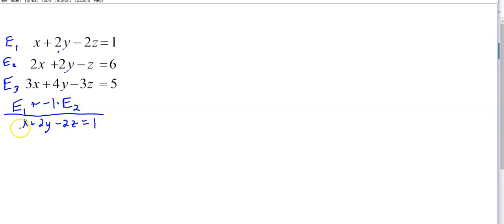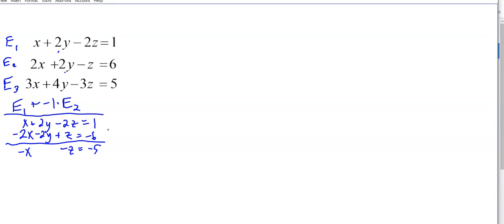Now multiplying the second equation by negative, so I get negative 2x minus 2y plus z equals negative 6. You notice I changed the sign of everything there. We're going to add those together now. Okay, so we get negative x, and then the y's go away, minus z equals negative 5.